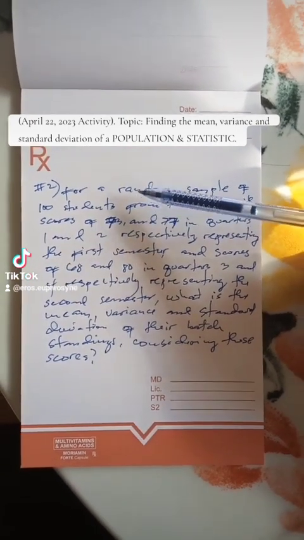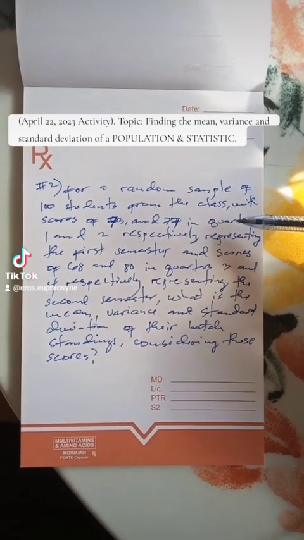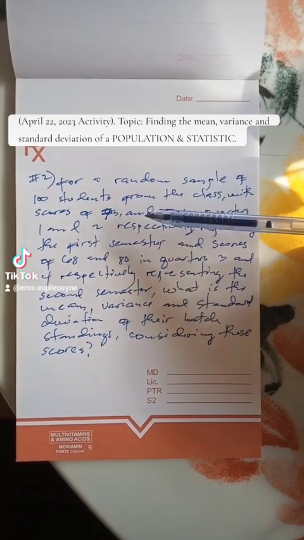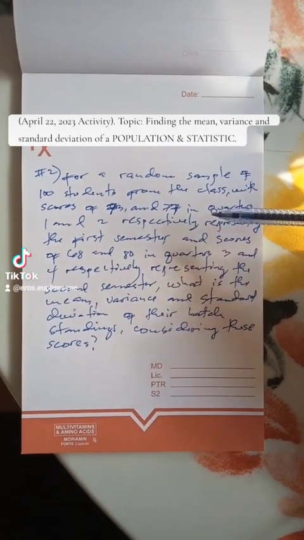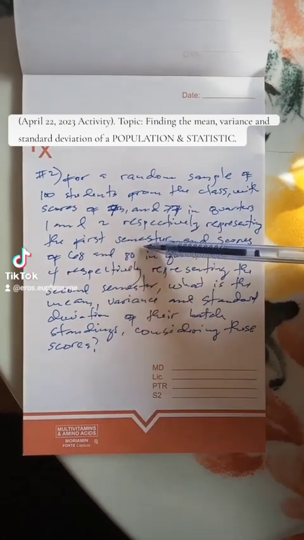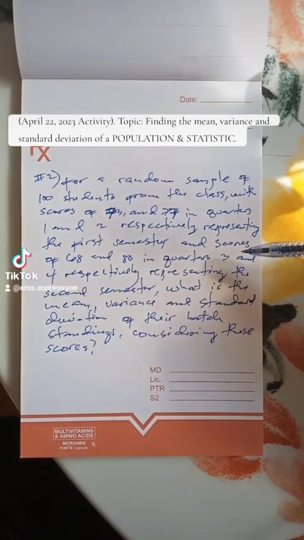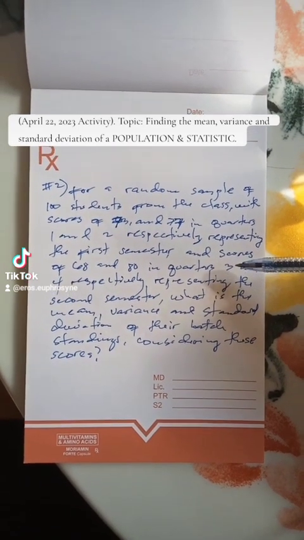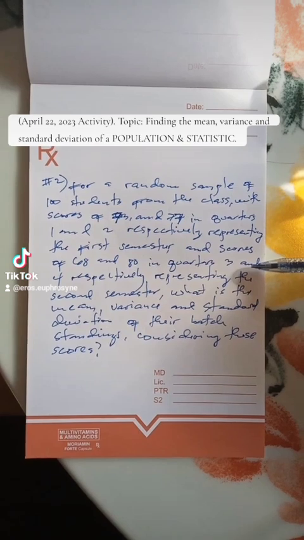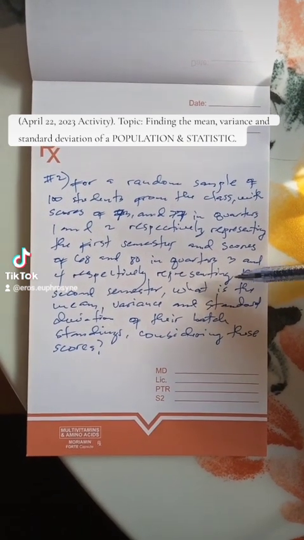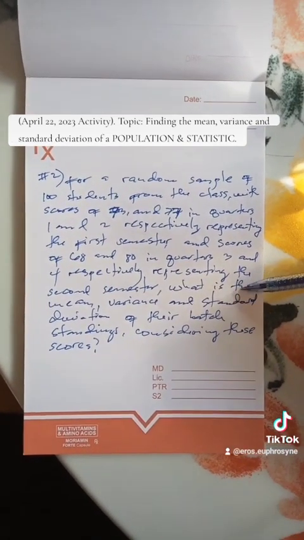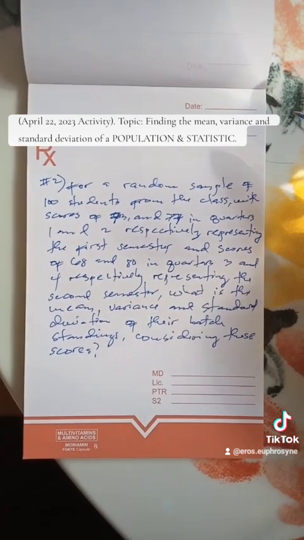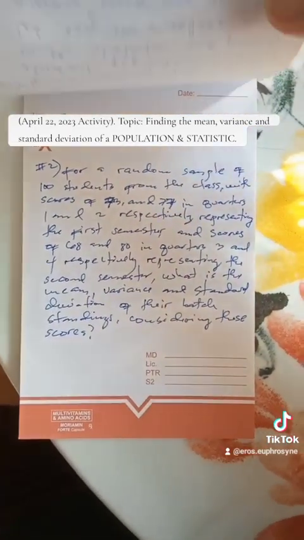It says here, for a random sample of 100 students from the class with scores of 73 and 77 in quarters 1 and 2 respectively, representing the first semester, and scores of 68 and 80 in quarters 3 and 4 respectively, representing the second semester, what is the mean, variance, and standard deviation of their batch standings considering these scores? I will provide you here the formula.